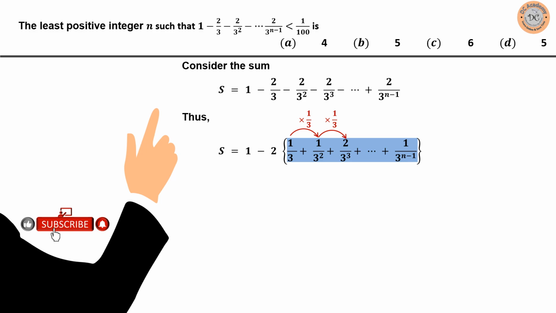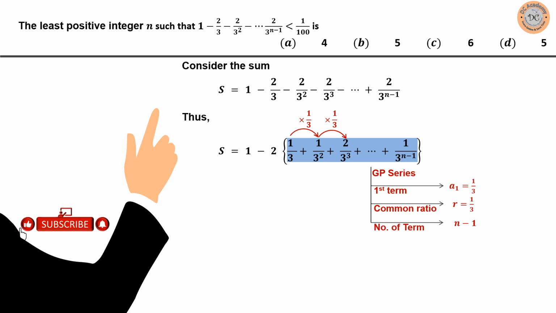Therefore, this series is a GP series with first term A1 equal to 1 by 3 and the common ratio R also equal to 1 by 3. The number of terms is obviously n minus 1. So we can easily add them using the summation formula for a GP series.